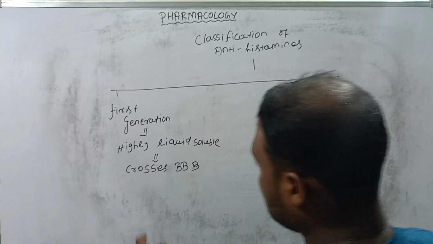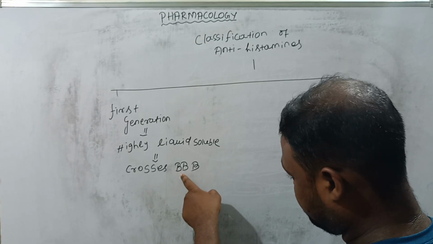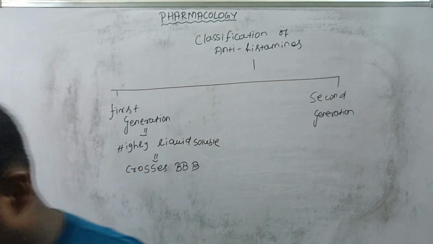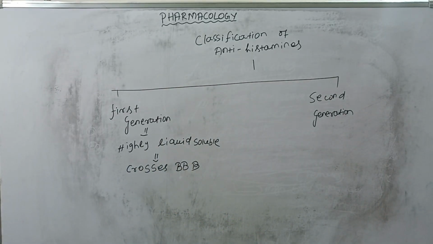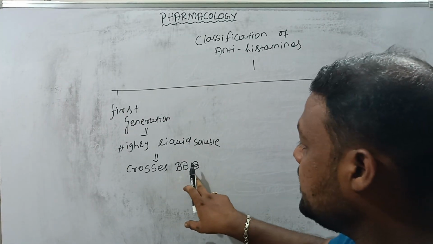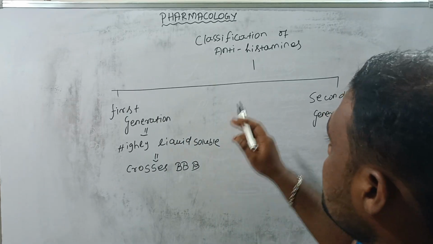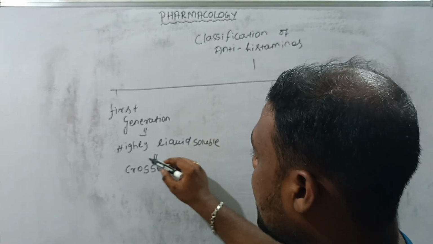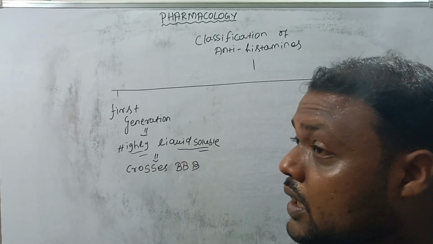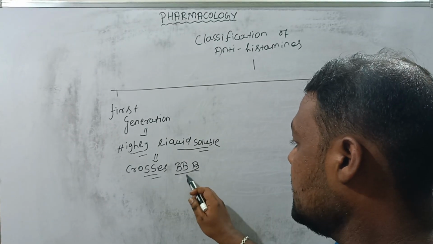It crosses the BBB, which means the blood-brain barrier. The first generation antihistamines are highly lipid soluble, and they cross the blood-brain barrier.